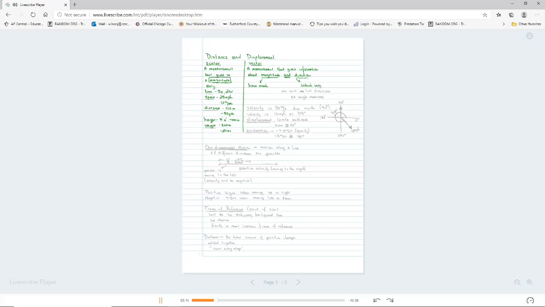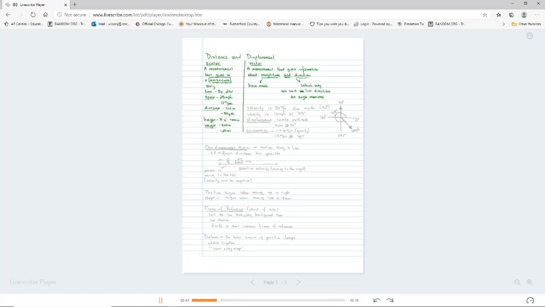In the which way, we will list directions as angle measures. And I'll talk about that when we get to it. I'll give you some examples here in just a minute.